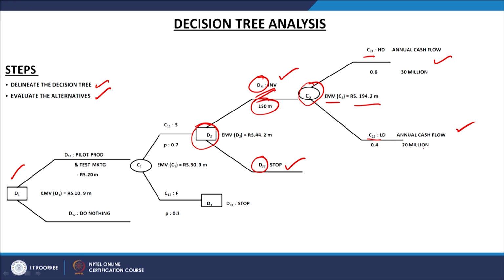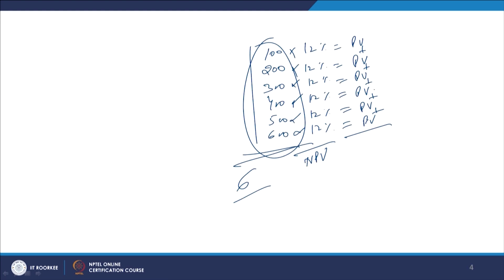In case of moderate demand, the annual cash flow, not sales, will be 20 million, with probabilities of 60 and 40. So, we have to calculate the NPV of these values with the help of these investment requirements. Let us now evaluate it.